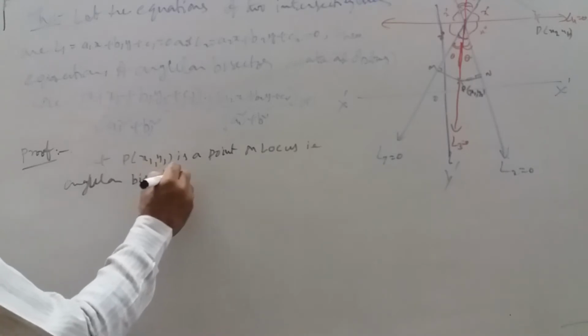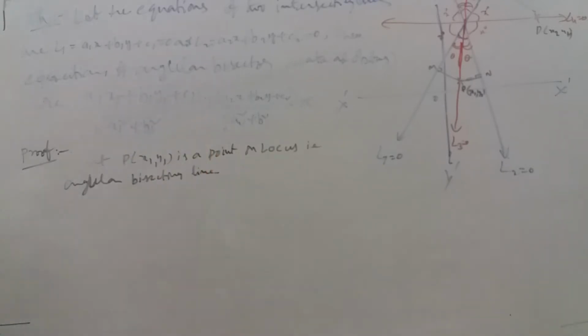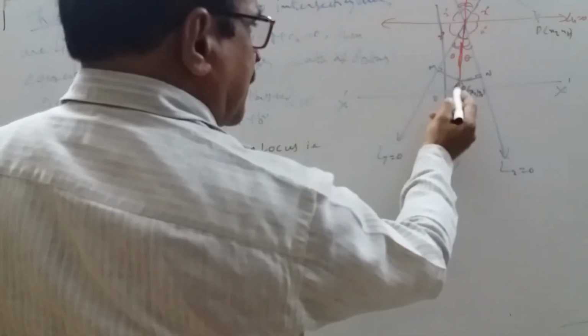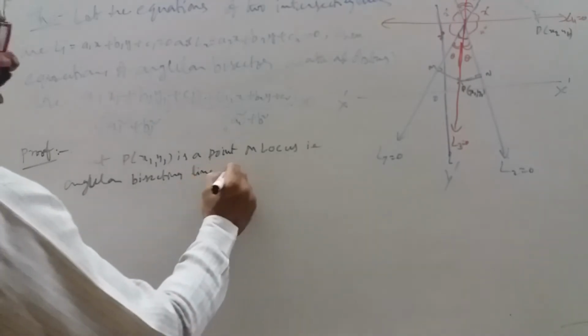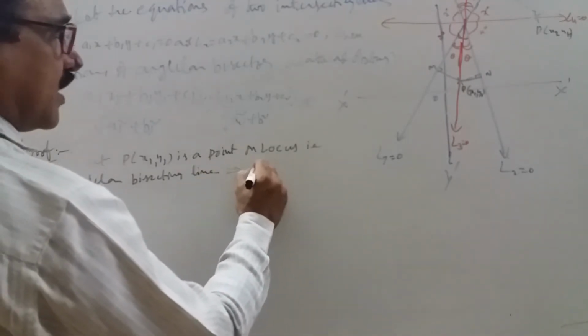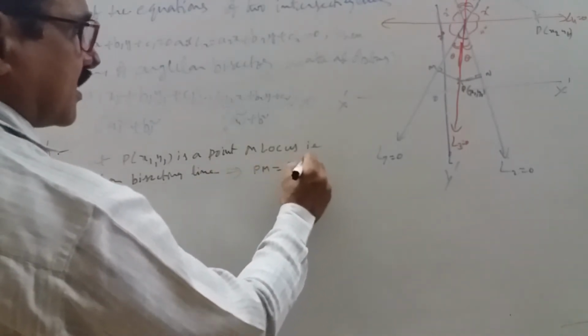Then the perpendicular distances from P to L1 is equal to 0 and L2 is equal to 0 are the same. That implies PM is equal to PN here.